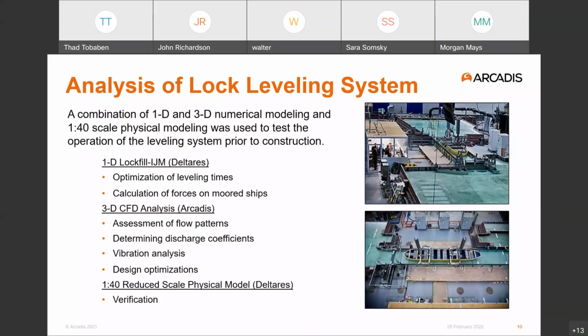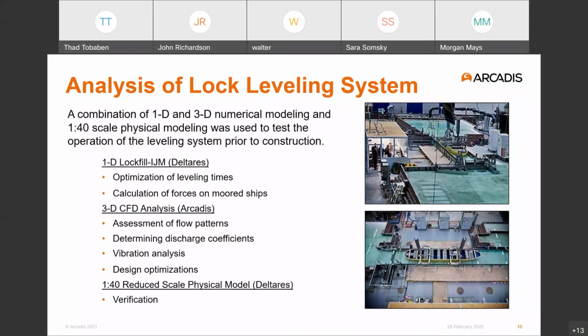And the idea behind this combined approach was to essentially shrink the project schedule so that this leveling system could be proved and not delay the construction of the project.